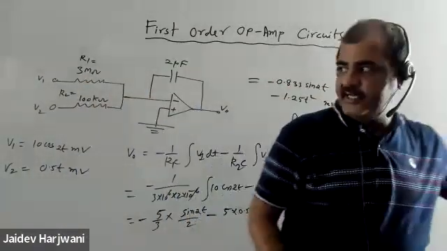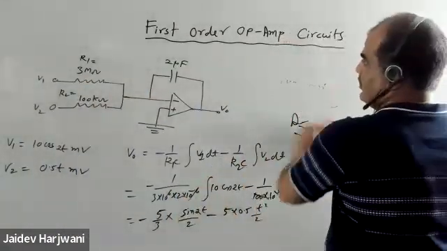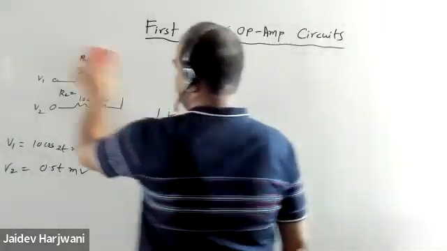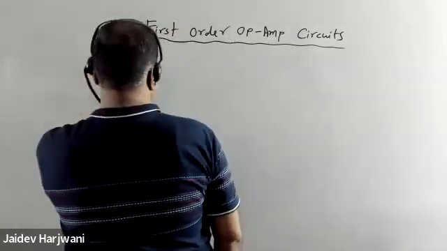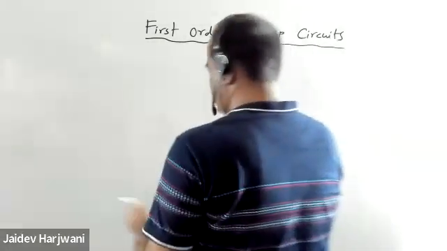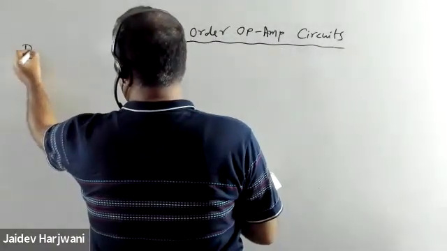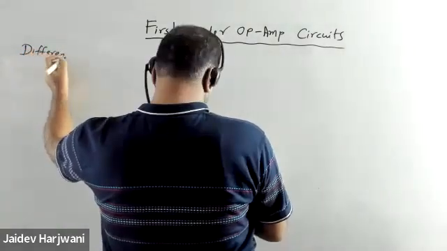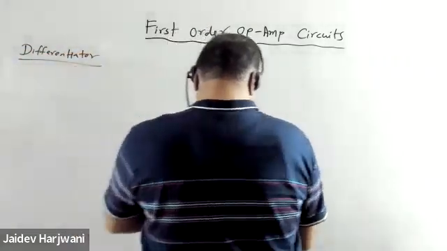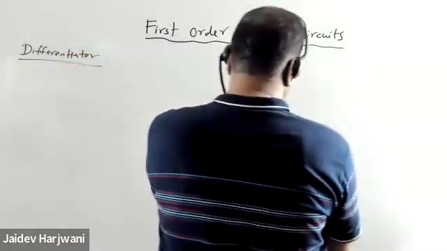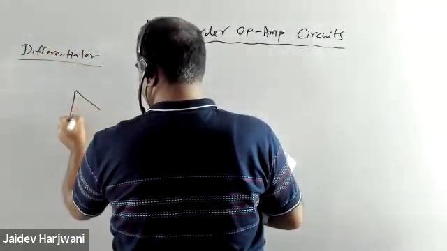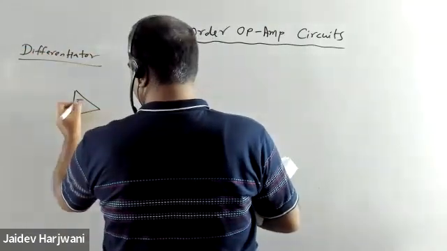Now this was integrator. Okay, so this is called first order op-amp circuit. Now similarly, let me solve for differentiator. So put the heading differentiator. Okay, so देख रहा हूँ, I have a circuit minus plus.